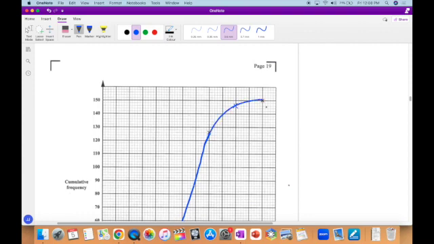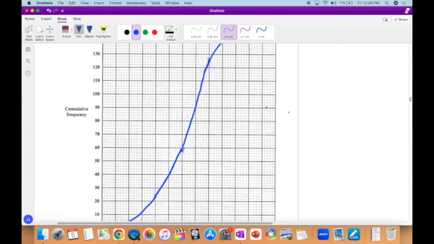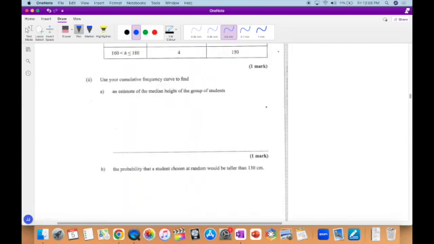About that way. So that's essentially what a cumulative frequency curve is supposed to look like.